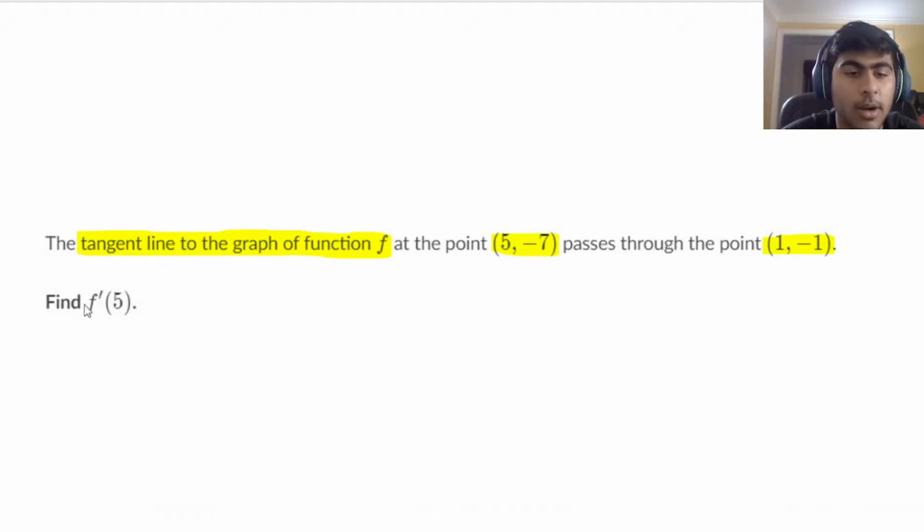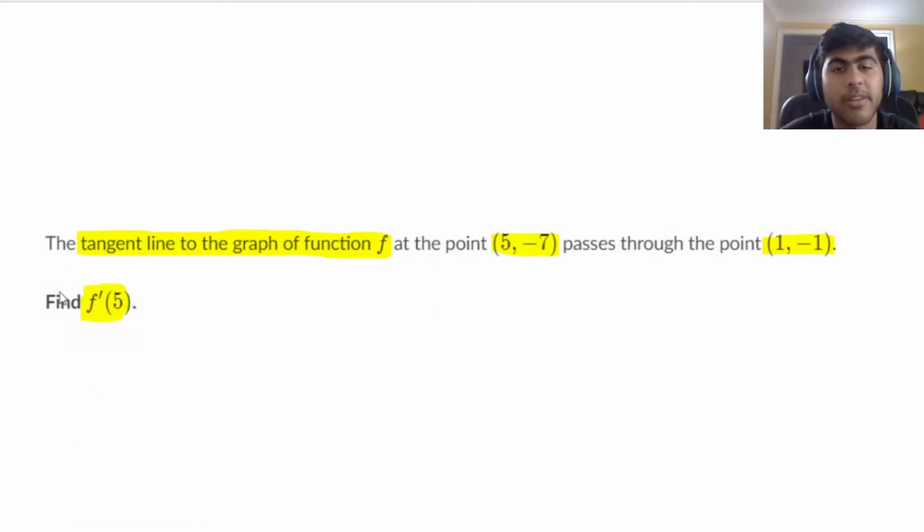And we're asked for f apostrophe 5. Now that apostrophe means derivative. So we could say the derivative of f at 5. We usually say f prime of 5. Now, f prime of 5, that's the derivative of f at 5.